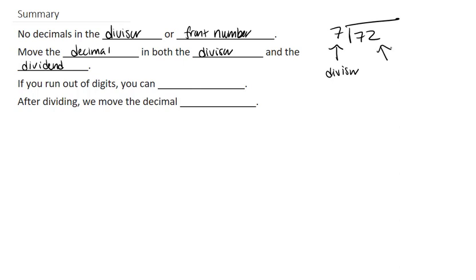And this is our dividend. If we run out of digits, we can just add zeros. And then after dividing, we move the decimal straight up. So we'll go over an example.